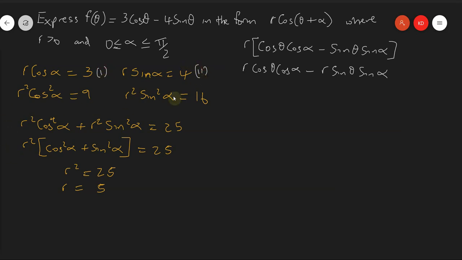In order to find alpha, we would simply divide equation 2 by equation 1, so we say r sin alpha is equal to 4. Okay, we're dividing both equations, so it would be divided by r cos alpha, and that would be divided by 3.